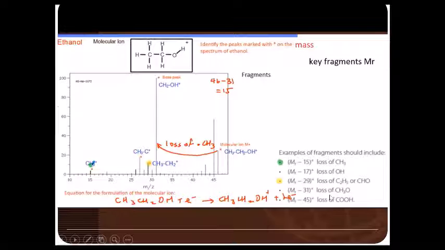At 31, that's loss of CH3O. And at 45, it's loss of COOH. So these are your key fragments. We call them M sub R, where the R is whatever number is on here, the m/z ratio. I hope that's not too bad for this slide.